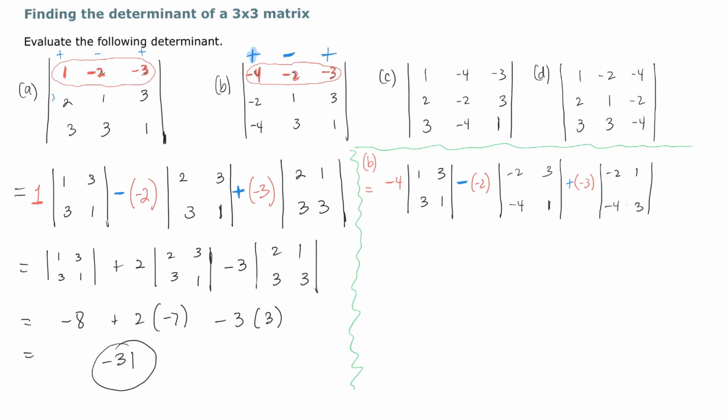And the rest is just simply computing determinants of 2 by 2 matrices, or 2 by 2 determinants. Let's see what this is. Certainly could clean this up a little bit. -4 times the determinant 1, 3, 3, 1, plus 2 times the determinant -2, 3, -4, 1, minus 3 times the determinant -2, 1, -4, 3.